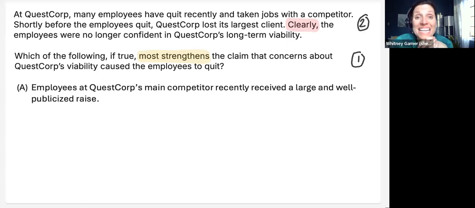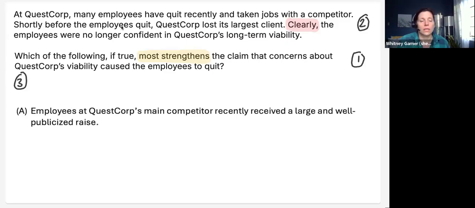So we didn't do our step 3. Right? So step 3 is this pause and state the goal piece. And for me, it is one of the most important pieces of these strengthen and weaken problems. My step 3 is a moment to say, okay, what is my job here? So in this argument, I'm meant to strengthen the claim that concerns about viability cause the employee to quit. So what am I looking for?